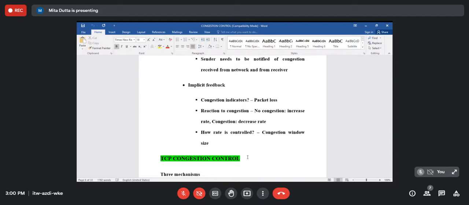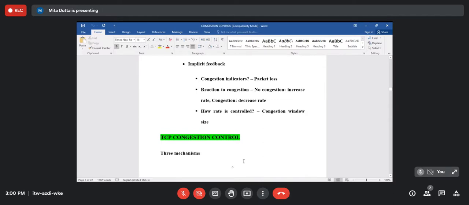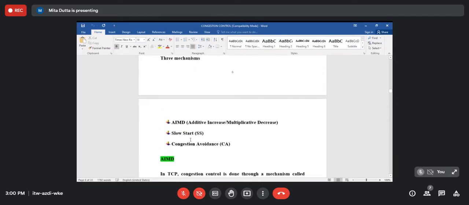So how the host's TCP can take care of congestion when congestion has occurred in a network. There are three algorithms, or three mechanisms. One is known as AIMD, where AI stands for additive increase and MD stands for multiplicative decrease.